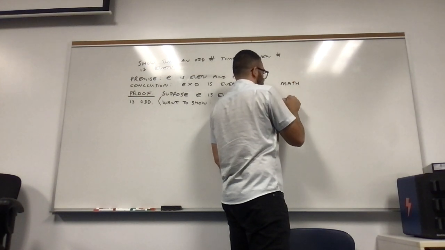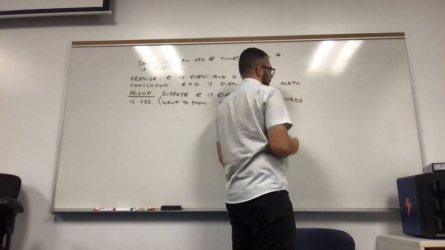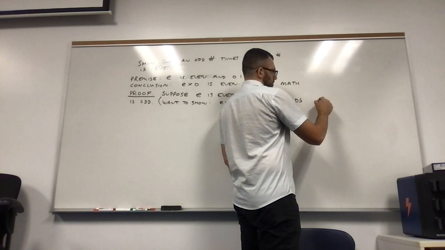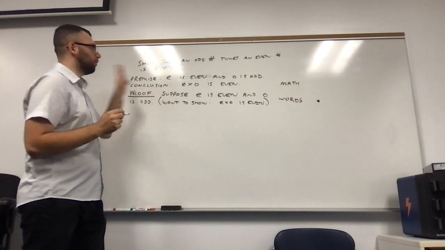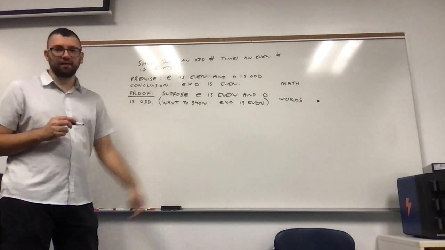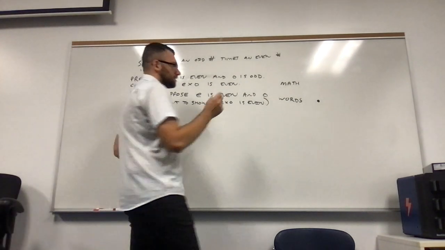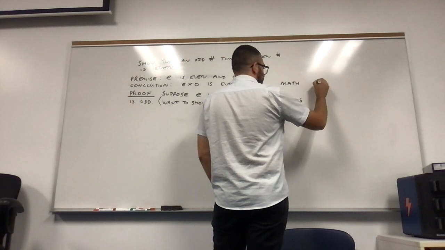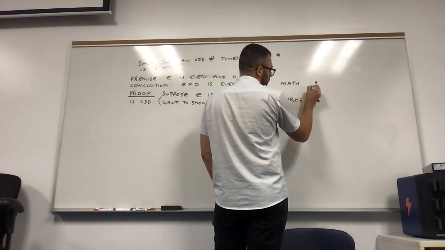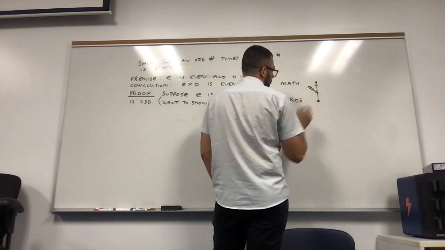We have words and we have math. You're usually going to start your problem in words, which is what we have here. This is all words. There's no math here. You're going to take your words and translate them into math.